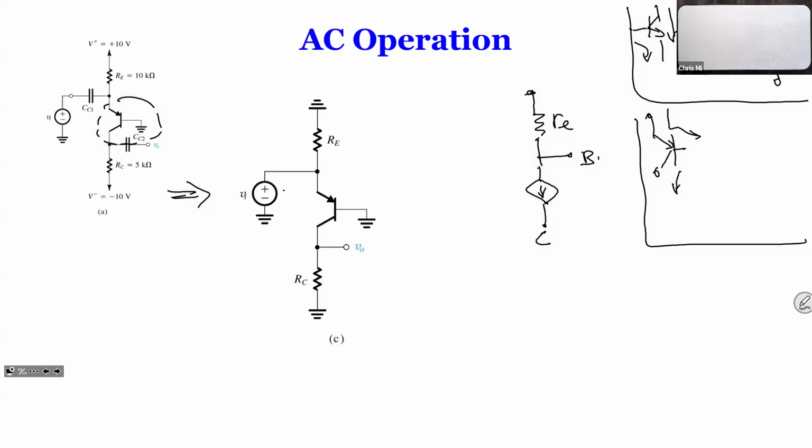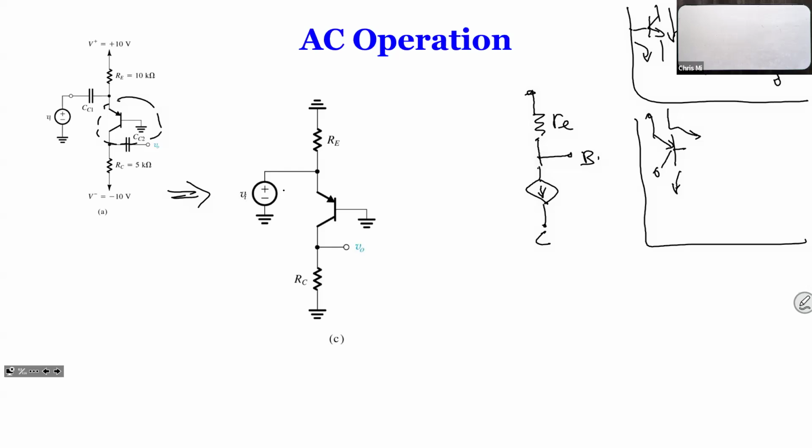When you actually mark the directions of current, if I mark the current going down, the voltage across the RE is positive up, negative down, right? But if we mark it up, the voltage at RE also flips. It's going to be positive at the bottom, negative up. So I want to explain this so you guys don't get confused when you read the book and wonder, why is the current going up? It's fine.